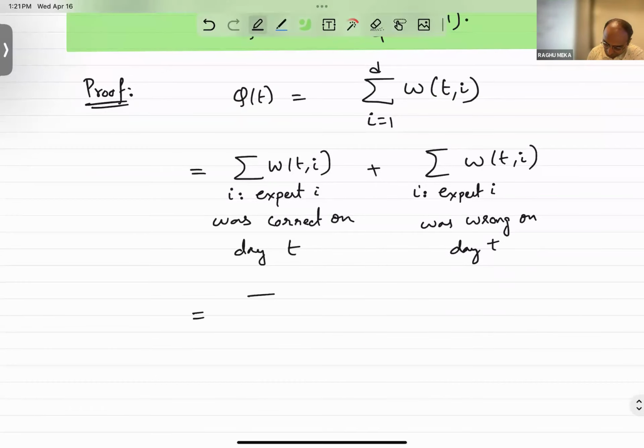For the experts who are correct, their weights haven't changed. The expert did not make a mistake, the weight doesn't change. The expert made a mistake, their weight gets halved.